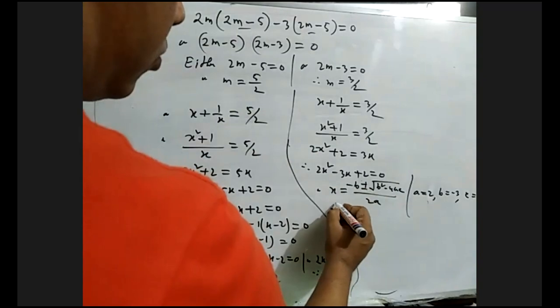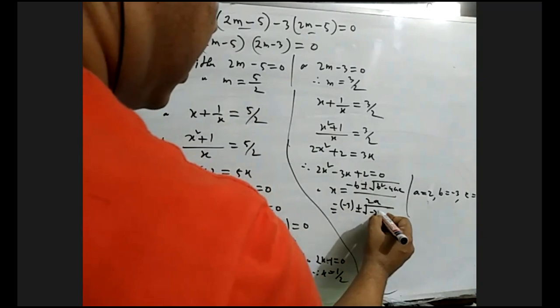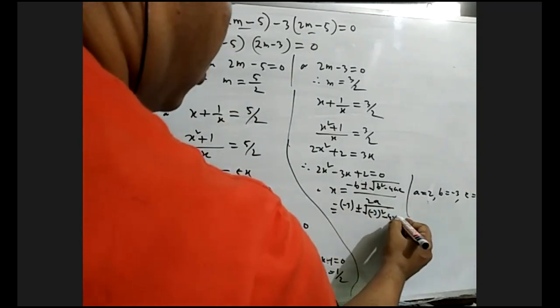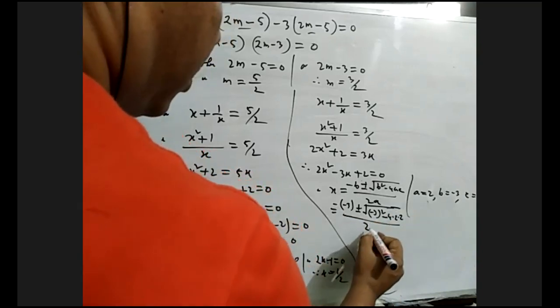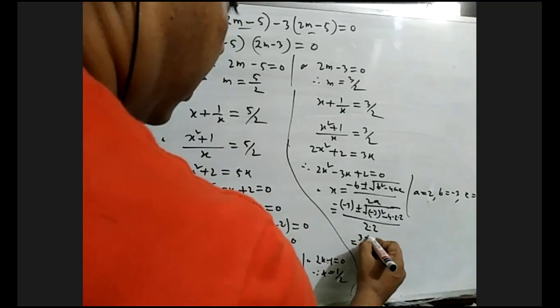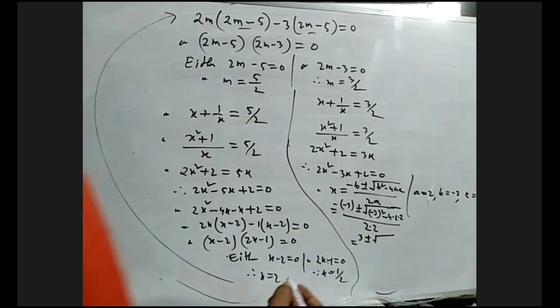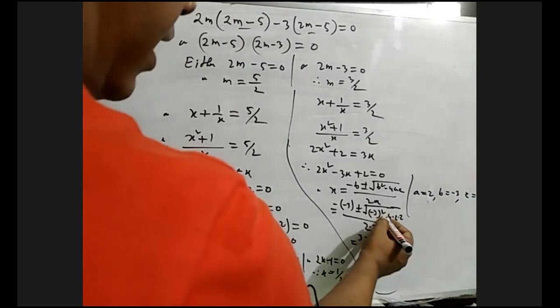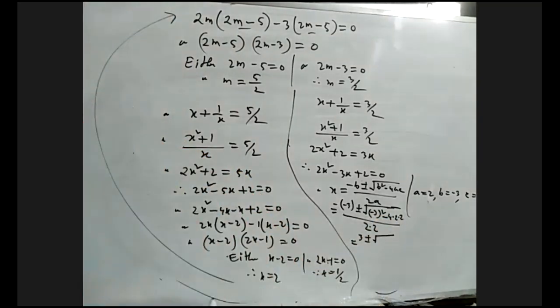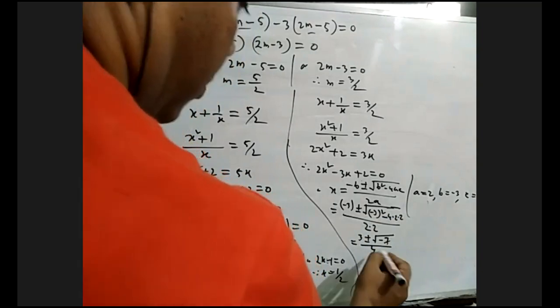So just putting the values, minus b is 3, plus minus square root of minus 3 whole square minus 4 into a, which is 2, and c, which is also 2, divided by twice into 2. So we get 3 plus minus, in the square root, 9 minus 16, so minus 7, divided by 4.